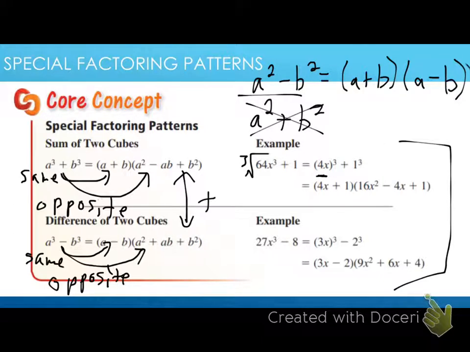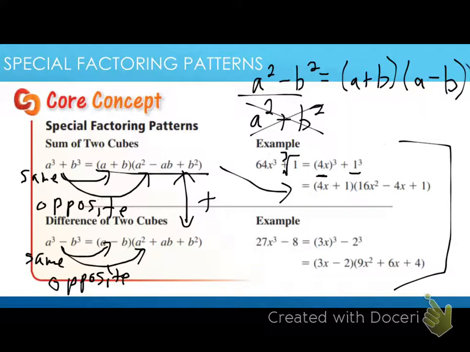Does everyone see that? So your a value is 4x in this case. They did the same thing to get their b value. Took the cube root of 1 to get 1 as our b value. And then you just plug a and b into your formula over here to get that right there. Does everyone see that?